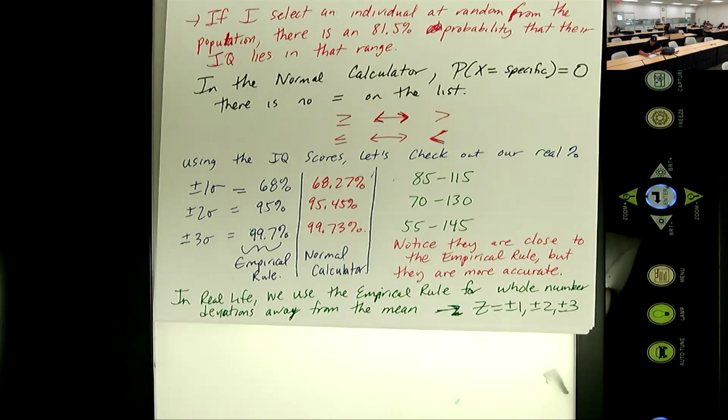And generally, that's for an approximation. If you were doing a scientific paper, you would not use the empirical rule. If you did, you would say this is from the empirical rule, so it's close, but not quite.